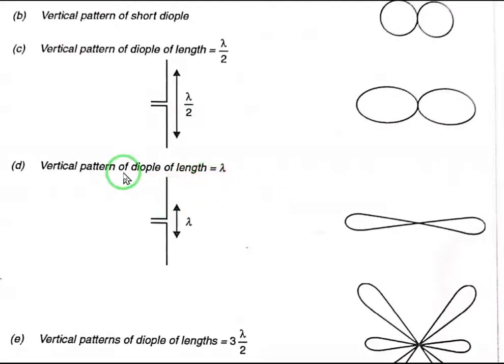The next is the vertically polarized dipole of length lambda. That means if we have a dipole that has a length of lambda and that has been vertically polarized like this, then the pattern of this dipole should be like this, which is neither a circle nor an ellipse.